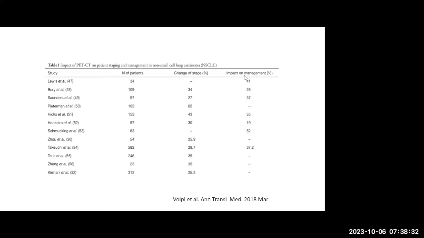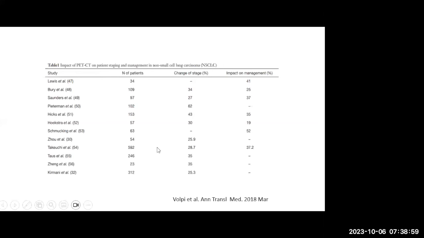I just want to show you here, this table depicts the impact of FDG PET-CT on patient staging and management for non-small cell lung cancer. These are different studies, so it's like a review. You can see here the number of patients, the change of stage in percent, and the impact on management. Take, for example, the study with the greatest number of patients, 592.